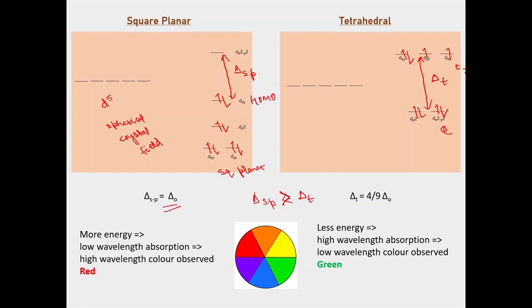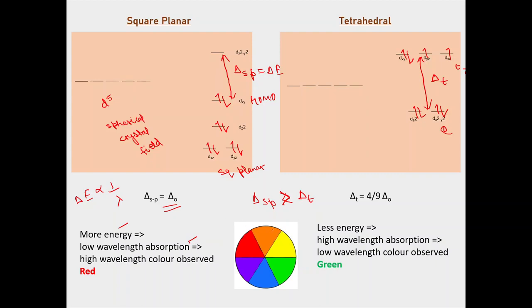Now you know that delta is equal to the change in energy, the energy required for the transition. And we know that delta E is inversely proportional to lambda, the wavelength of the light absorbed. Okay, so in the square planar case, the energy gap is more, which means lower wavelength light will get absorbed.